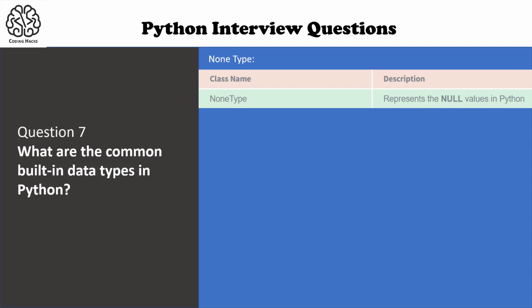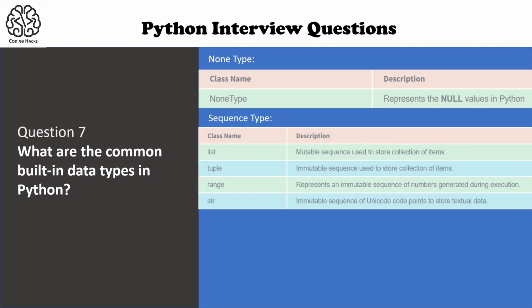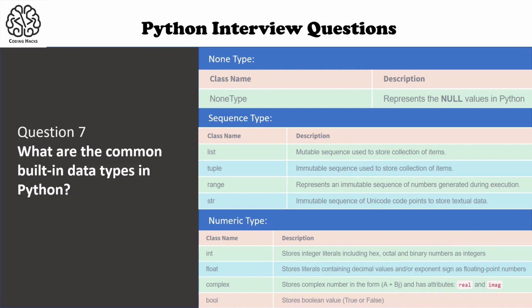But in Python, we use None instead of null. Likewise, other data types are sequence type, which includes list, tuple, range, string. Numeric type, which are integer, float, complex, and boolean, which is represented by bool.